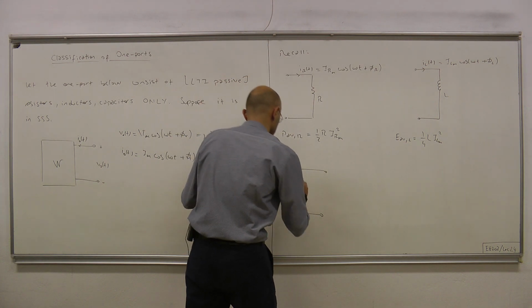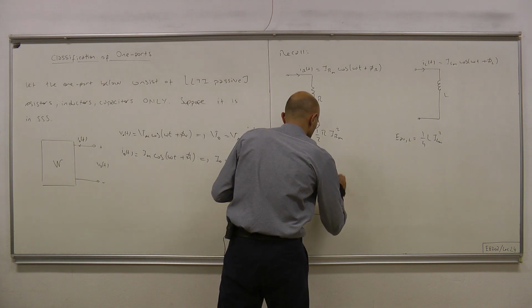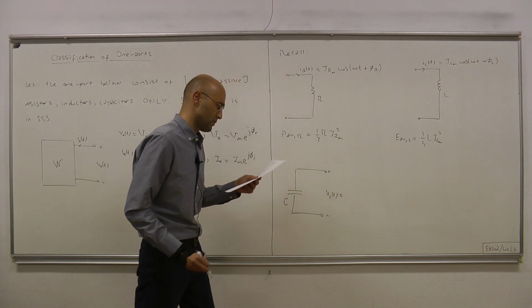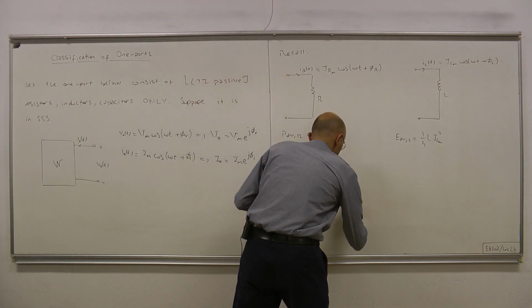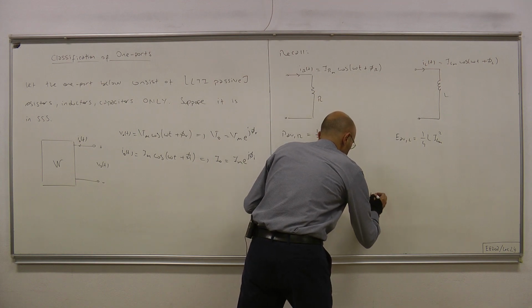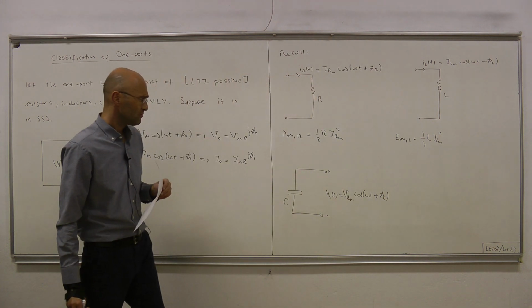Finally, for the capacitor, we have capacitance C, with voltage vC(t) equal to VCM cosine(omega t plus some phase).